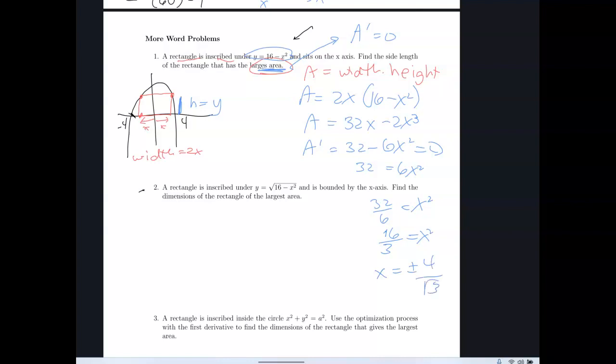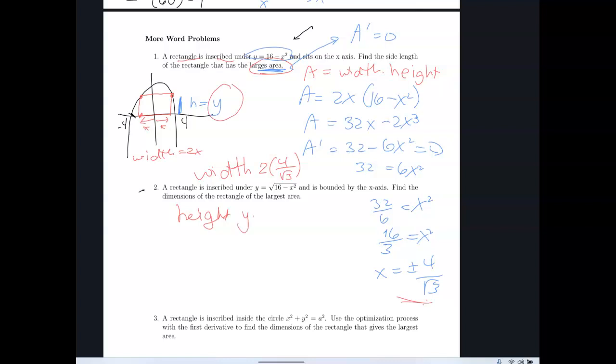Okay, so that's going to help us find the width, right? So the width will be 2 of these, right? 2 of those x values. So 2 times 4 over root 3, right? In both directions. Okay, so then how do we find the height? The height is going to be the y value at that x value.